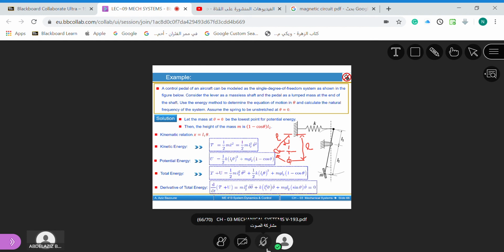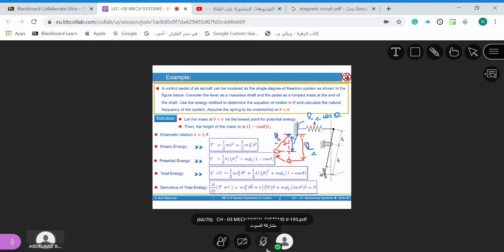But what is this length, Shabab, from here to here? From this point to this point. Can anybody tell me what will be the length from here to here? L cosine theta. So this term from here to here, the blue one, is L2 cosine theta. And this length, the original length, is L2.